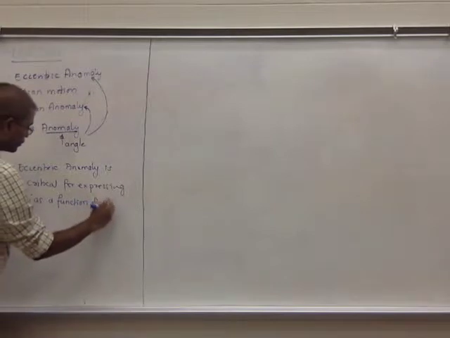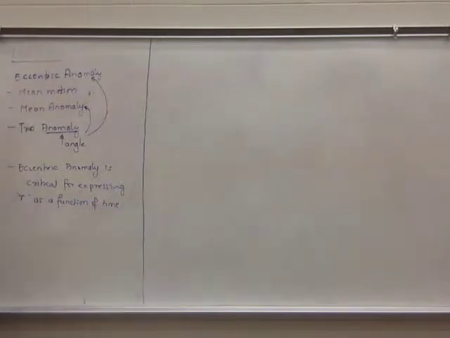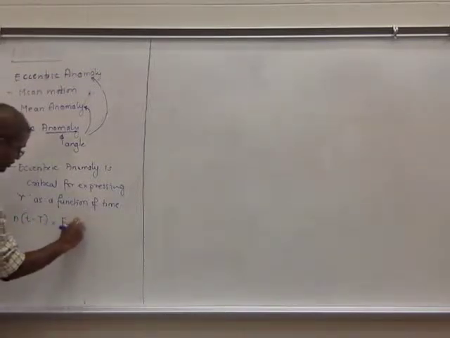And how do we do that? We have Kepler's equation, which is n times (t minus T) equals E minus e sin E. You should understand this form of Kepler's equation as well.